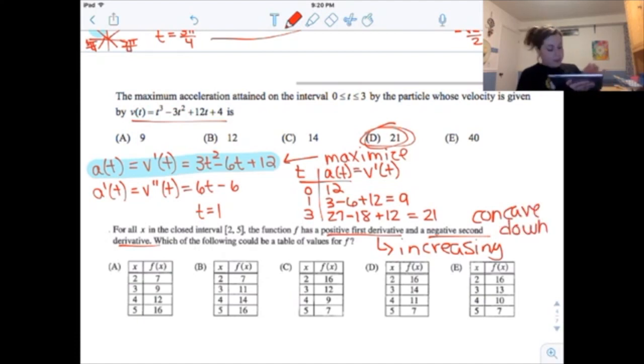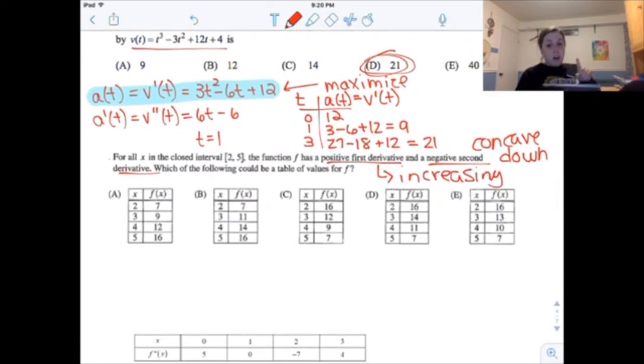Which of the following could be the graph of the table? So first of all, I'm going to get rid of anything that's not increasing. So this is increasing, that's decreasing, that's decreasing, that's decreasing. So I've already gotten it to either A or B. Now I need to figure out the one that's concave down.